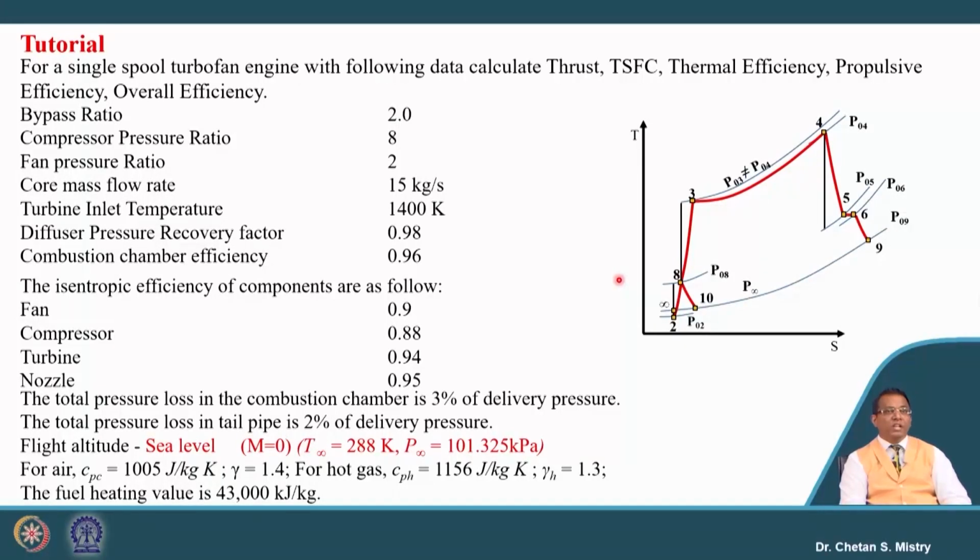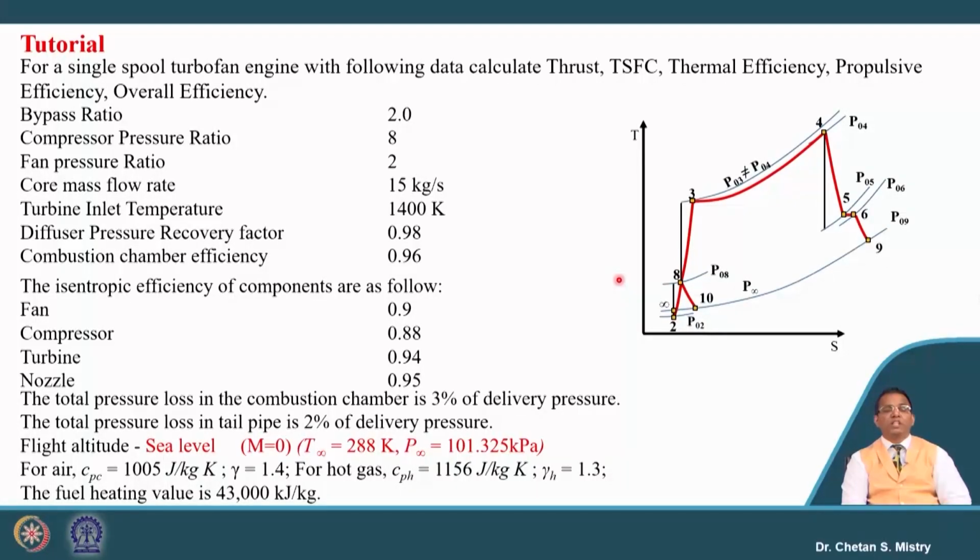For this engine, the bypass ratio is 2, compressor pressure ratio given is 8, fan pressure ratio is given as 2, core mass flow rate is 15 kg per second. Be careful, it says core mass flow rate. Turbine entry temperature is 1400 Kelvin, diffuser pressure recovery factor is 0.98, combustion chamber efficiency is 96%.